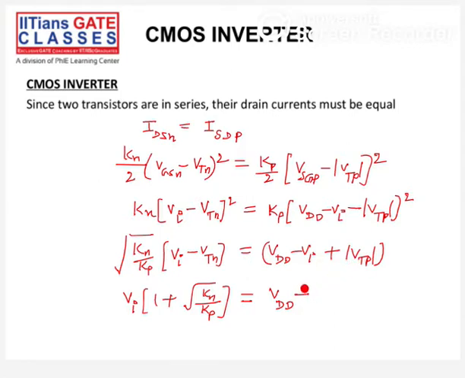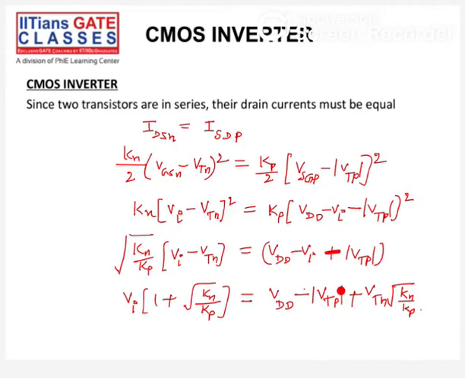It is not minus, it will be minus minus. This is minus, it is not plus. That mistakenly I have written this. Mod of VTP, and this minus will come plus here, and VTN square root Kn divided by Kp.